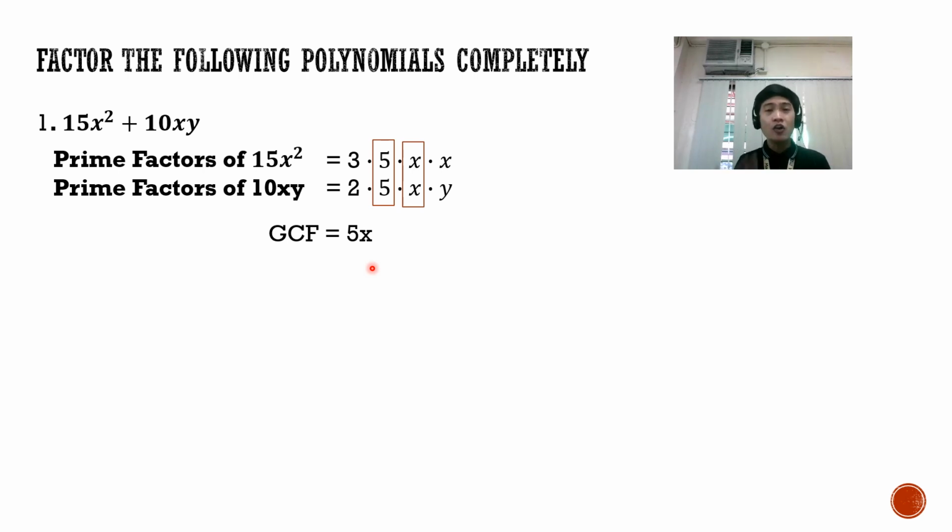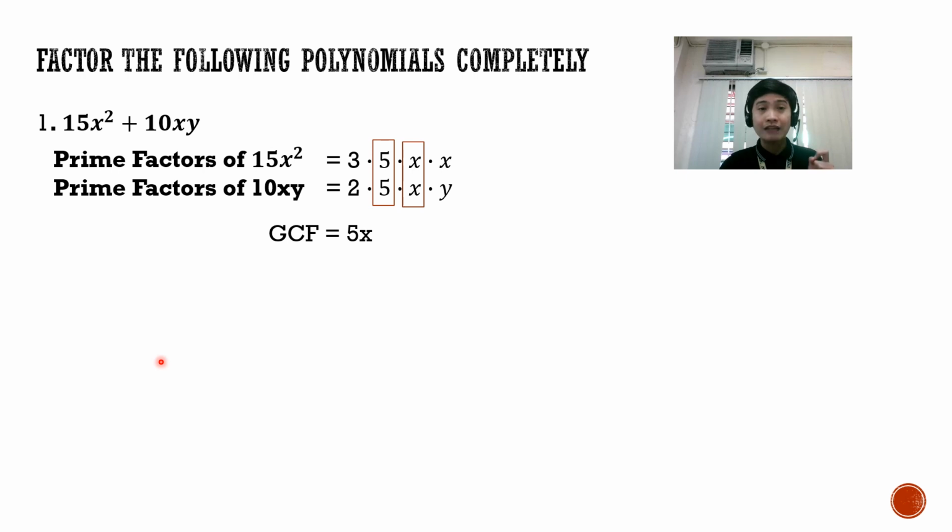Ngayon, ano ang magiging sunod na proseso after nating makuha ang greatest common factor? Ang next nating gagawin, babalikan natin lahat ng mga expression na involved dito sa polynomial na ito. Dalawa lang naman yon. We have 15x squared and then 10xy. Ano po ang gagawin natin sa mga expression na ito in relation to our GCF?